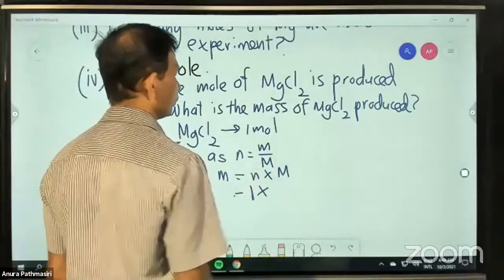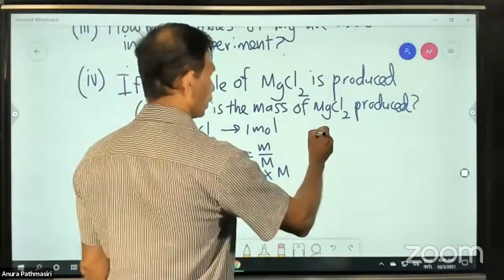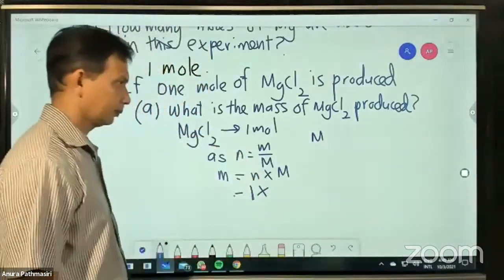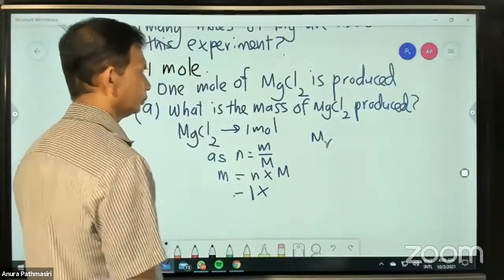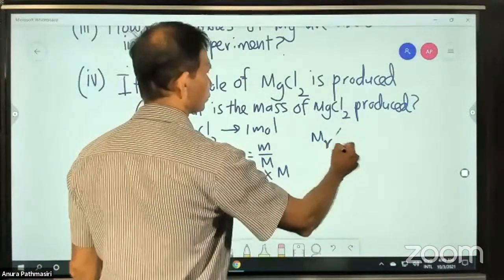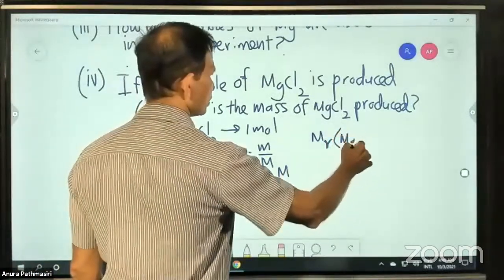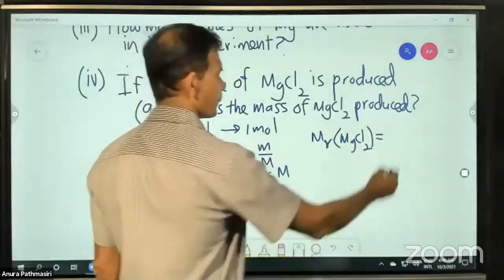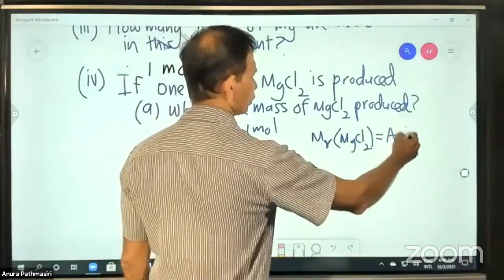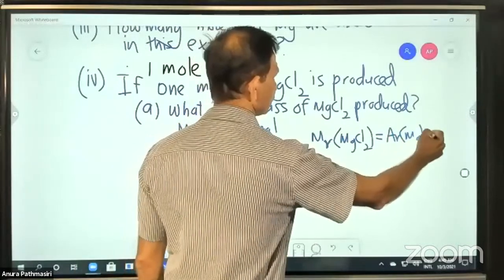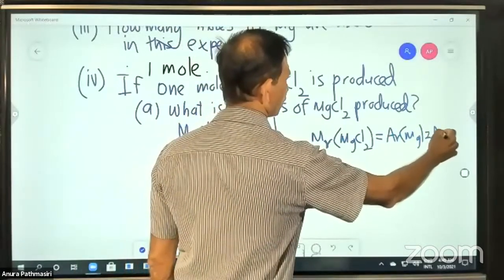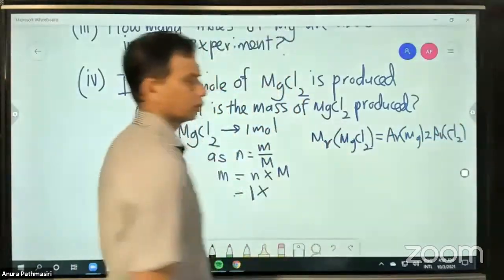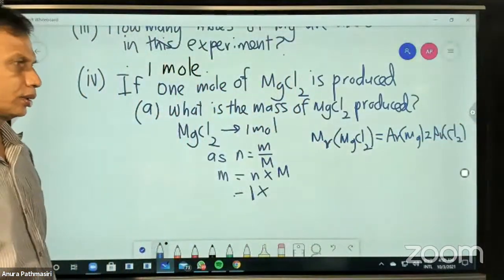Capital M is the molar mass. Mr of MgCl2 equals Ar of magnesium plus 2 times Ar of Cl.